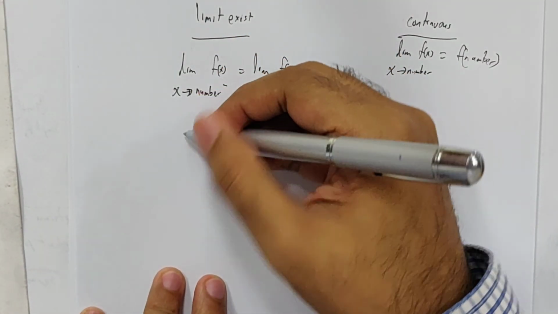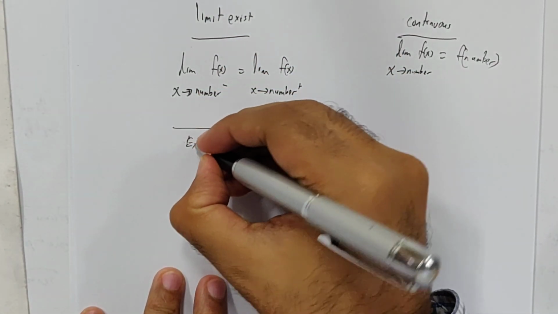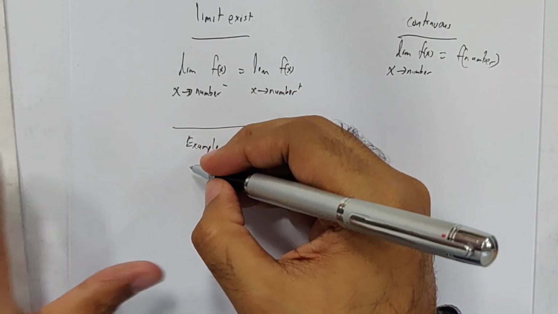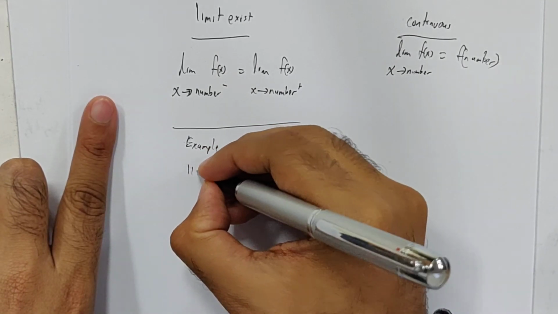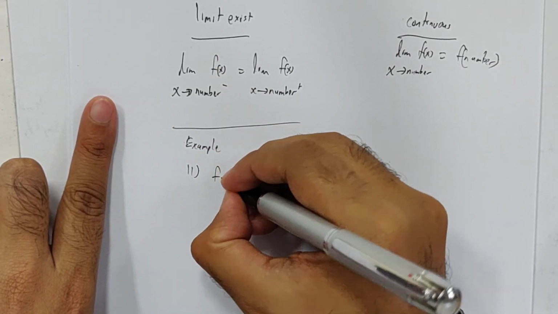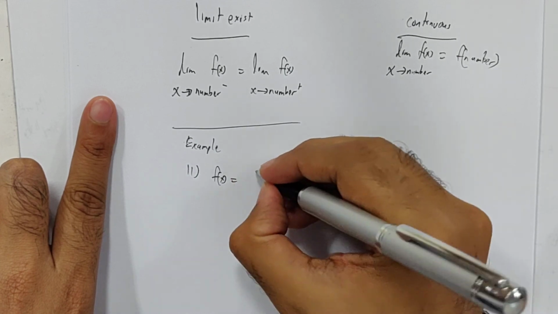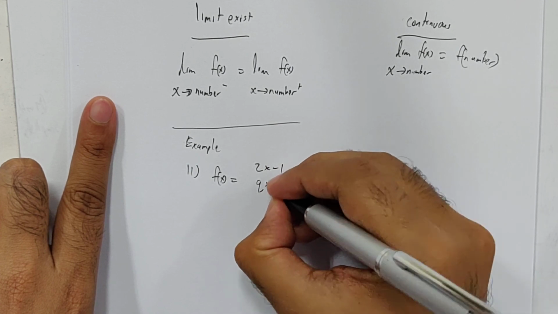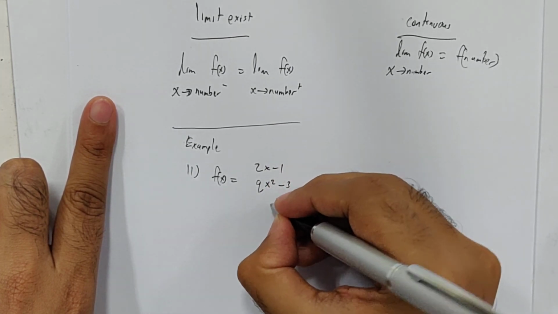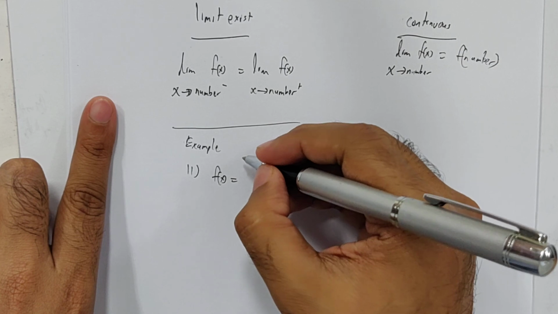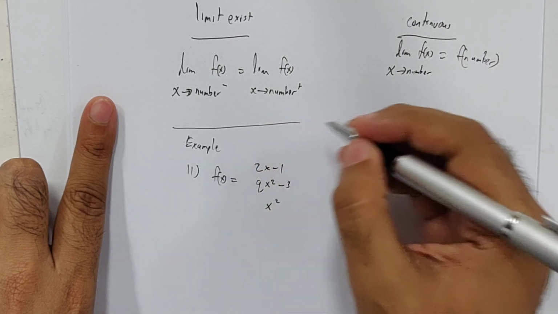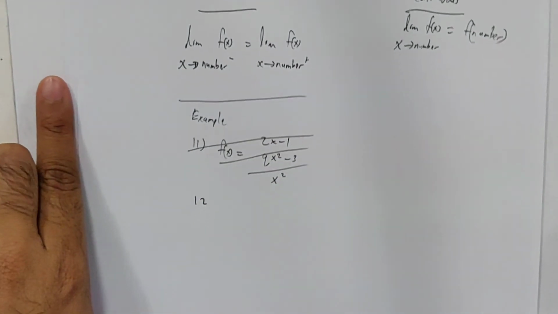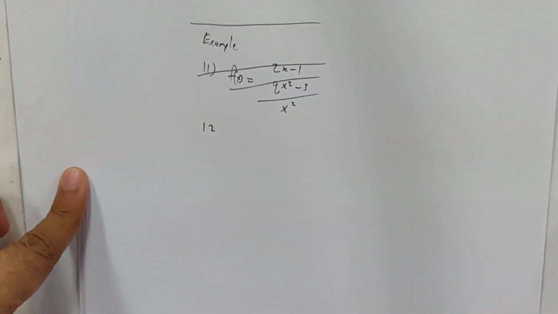Okay, let's try this example. It's question number 11 from your past year, where you're given something like this: f(x) = 2x minus 1, x squared minus 3... Oh, sorry, not this question. Sorry, number 12. I wrongly looked at the question.